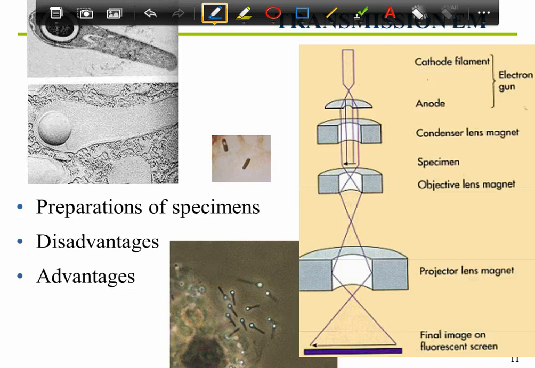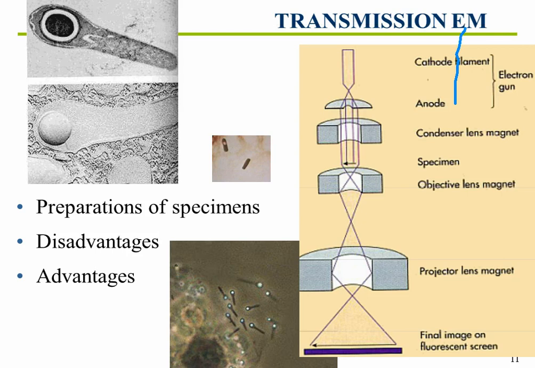Advantages, disadvantages. Well, I just gave you the advantages. There are some disadvantages. In order to prepare specimens for any kind of EM, whether it's scanning or it's transmission, the specimen is put into a vacuum. That means that you have to dehydrate the specimen. Otherwise, in a vacuum, the water inside the cell would vaporize and destroy everything.